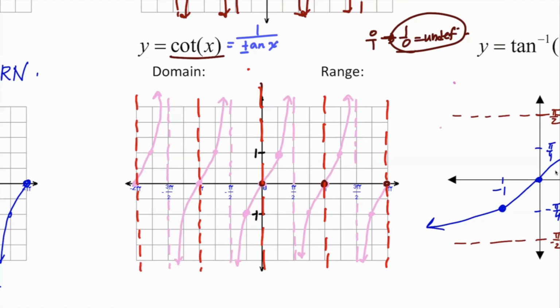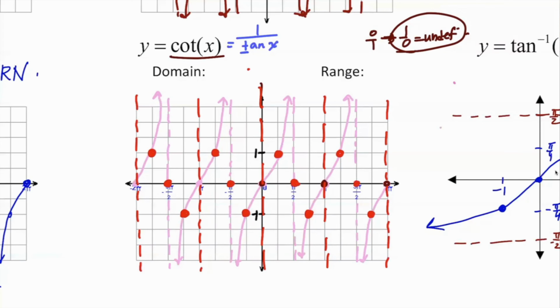And then what happens? Reciprocal of 1 is still 1. These points don't change. Reciprocal of -1 is still -1. These points don't change. And guess what? You get points in the middle, because the reciprocal of undefined is 0.